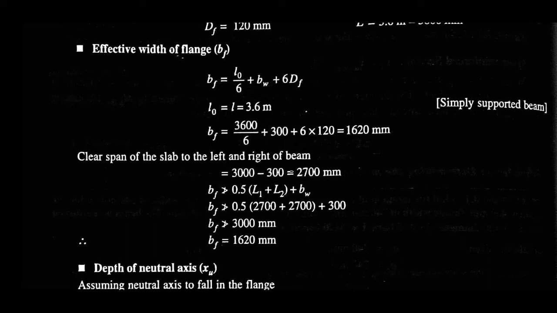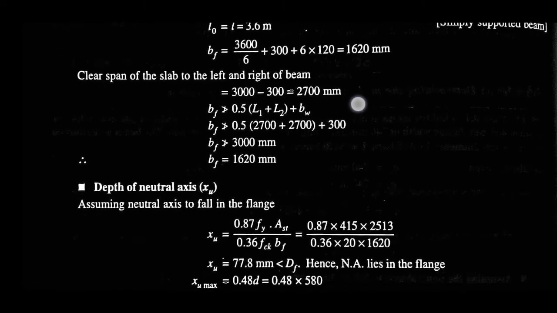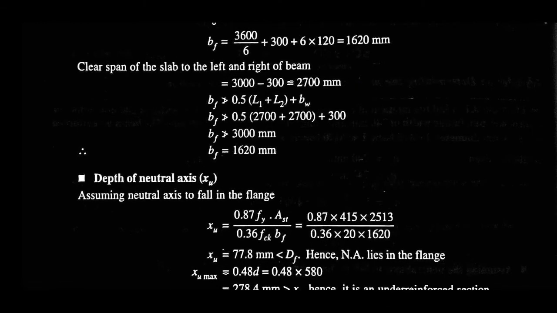So that is equals to 0.5 into 2700 plus 2700 plus 300, that is equals to 3000 mm, and our calculated bf is 1620 mm. So this is not greater than 3000 mm.